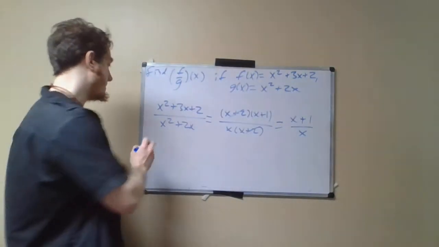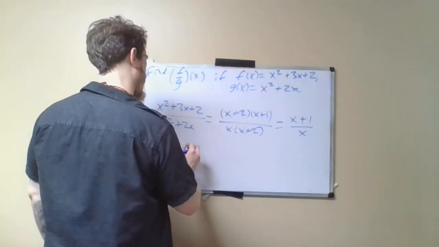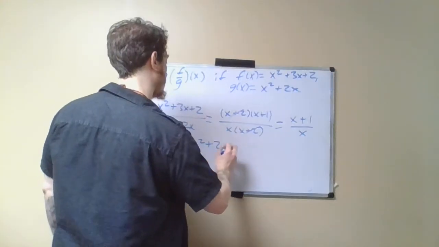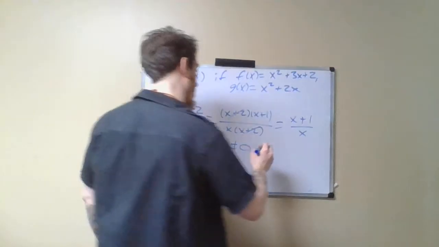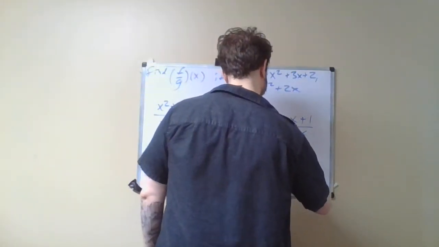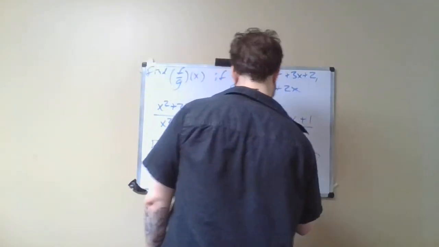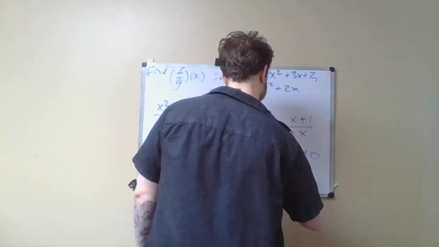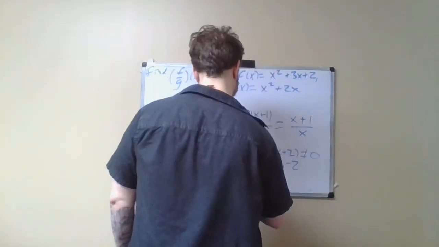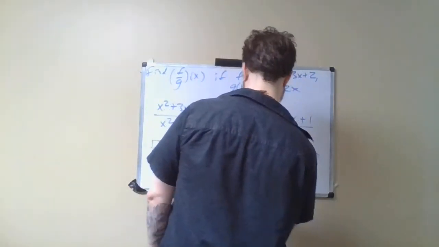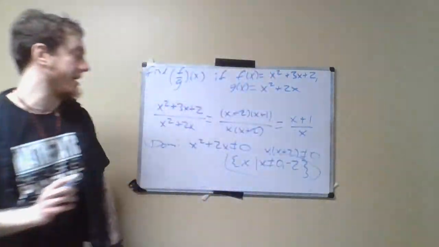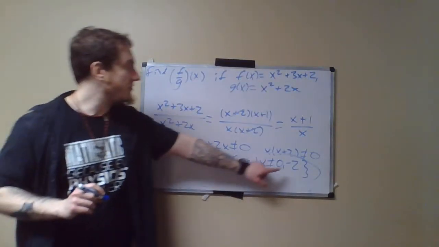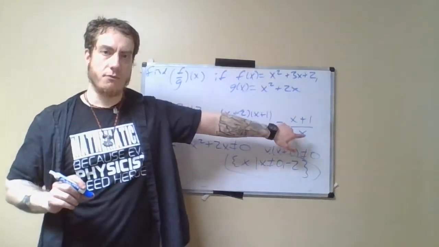The domain is going to be when x squared plus 2x is not equal to 0. Well, that's x times x plus 2 not equal to 0, so x should be not equal to 0 or negative 2. So there's my domain. And again, it's obvious that x can never be 0 from this expression.